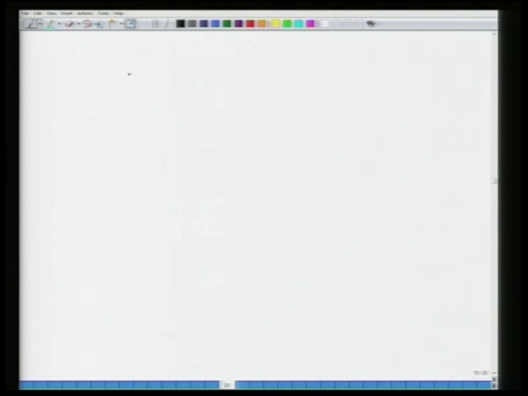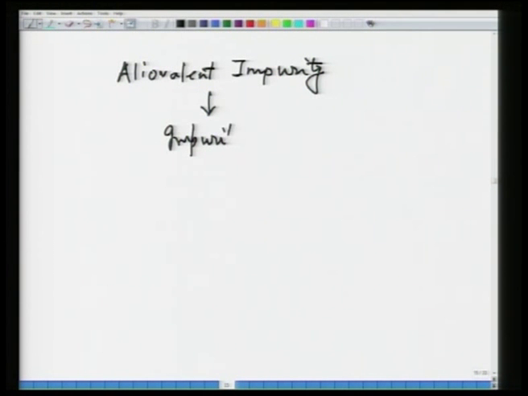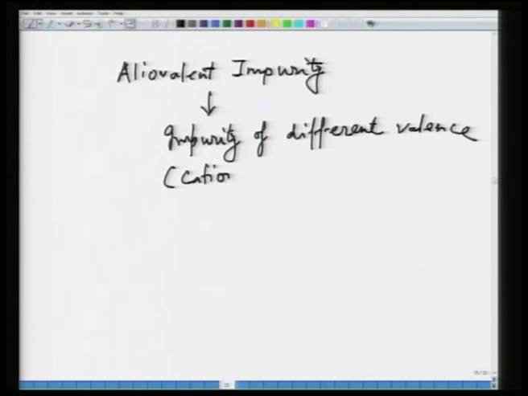However, when you have an aliovalent impurity, what it means is an impurity of different valence, by which you basically mean the cation, because if you consider the impurity as an oxide, oxygen has the same valence as oxygen, so there is no problem there, but the cation has a profound effect on the type of defects that you will create. So, let us take the case of dissolution.